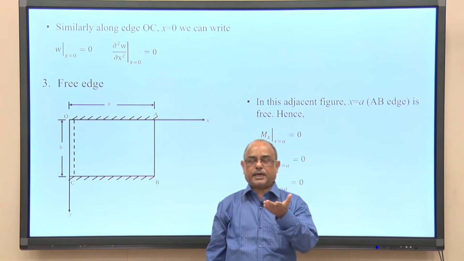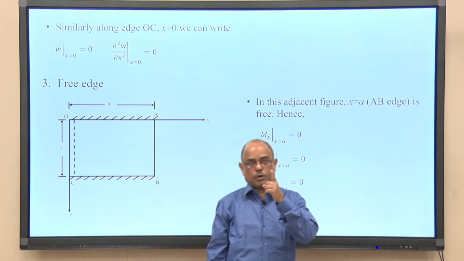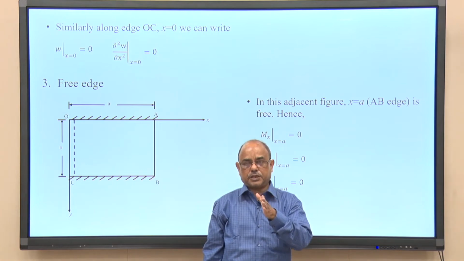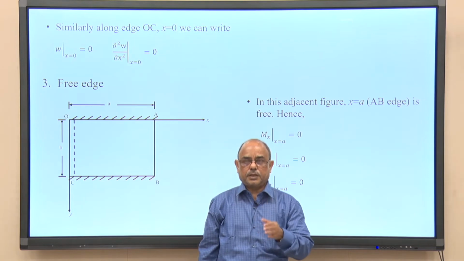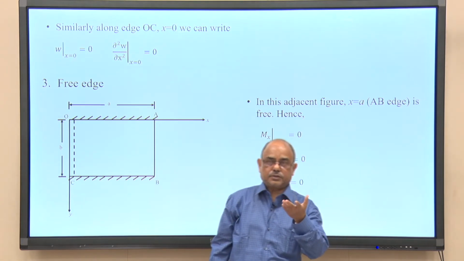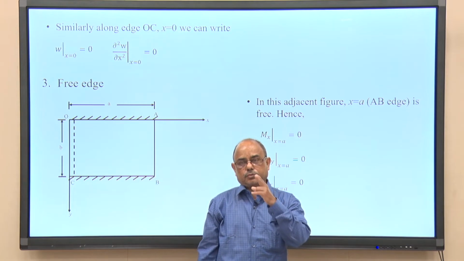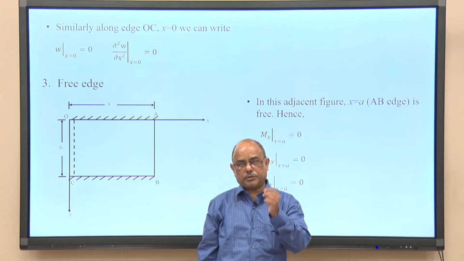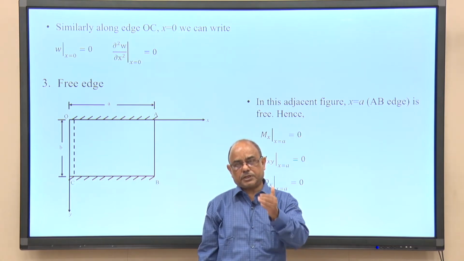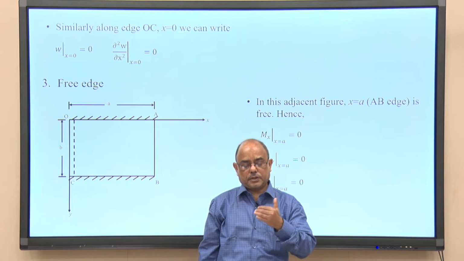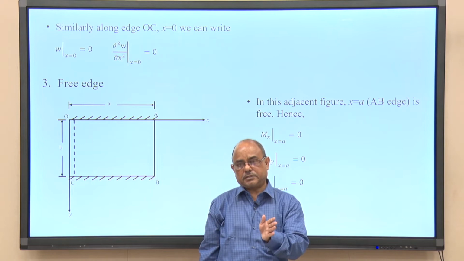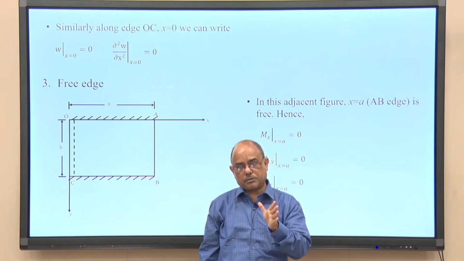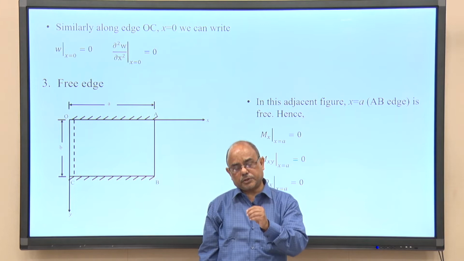In simply supported edges, we imposed one geometric condition, that is w is equal to 0, and one force boundary condition, that the bending moment is equal to 0. In clamped edges, we imposed two geometric conditions only, that w is equal to 0 and slope is equal to 0. Simply supported edges have one geometric condition and one force condition, but in free edges the geometric condition cannot vanish, because w has to be non-zero and the slope also has to be non-zero.